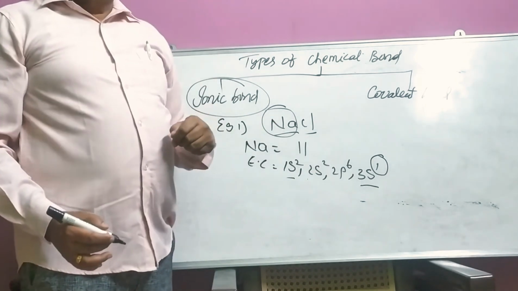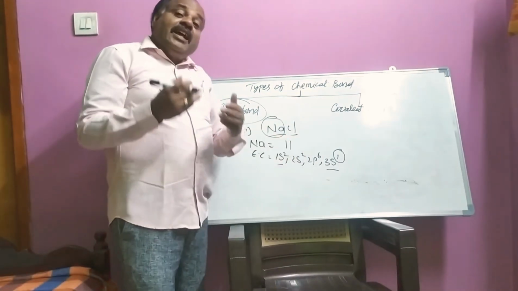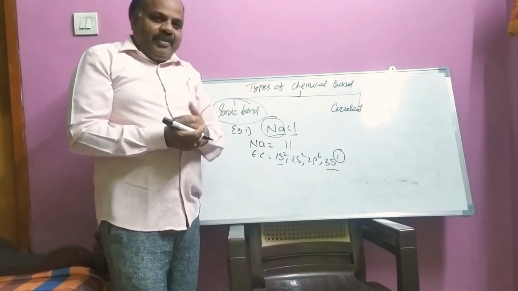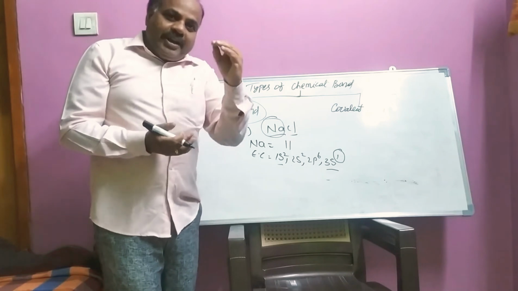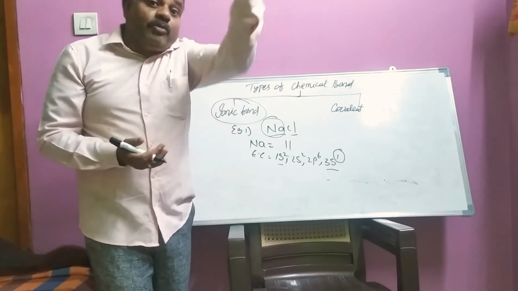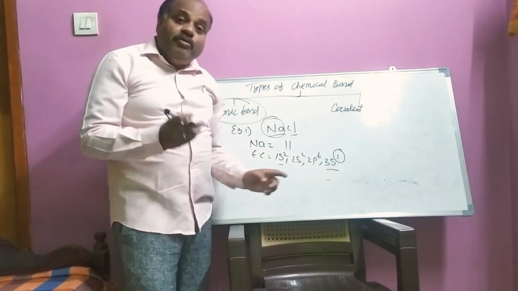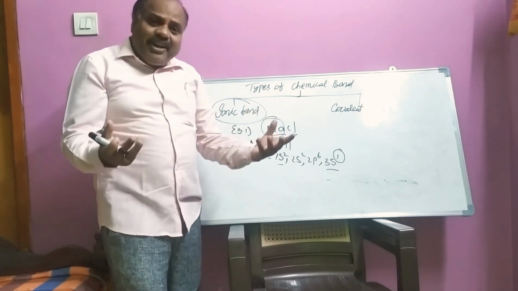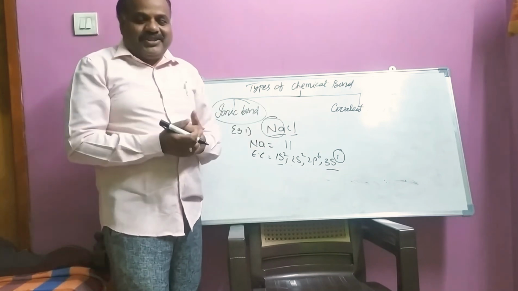According to the octet rule, any atom needs 8 electrons in the outermost orbit to get stability. Sodium has only 1 electron, so it needs 7 more electrons.